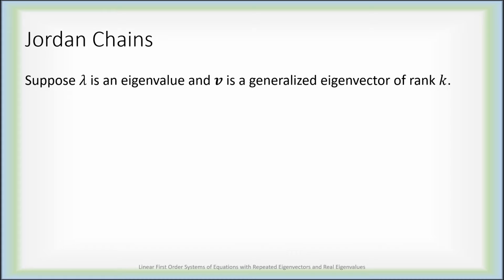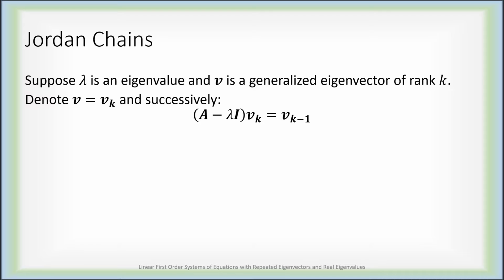So now let's suppose lambda is an eigenvalue and v is a generalized eigenvector of rank k. We're going to denote v sub k to simply be v, which we started with, and successively define: if I apply (A minus lambda I) to v_k, I get v_{k-1}. If I apply (A minus lambda I) to v_{k-1}, I get v_{k-2}.